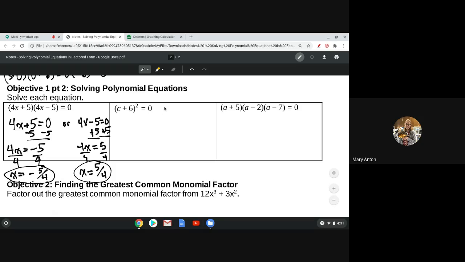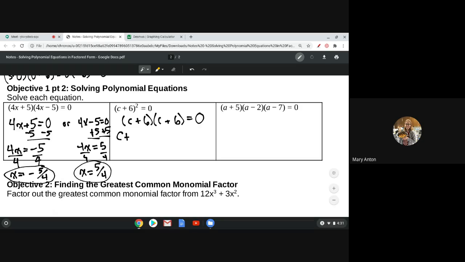How about this next one: c plus 6 squared equals 0. Well, we know that this is really just c plus 6 times c plus 6, because exponents are just repeated multiplication. And now we have two different pieces here, so we can set each of those equal to 0, and that will be a solution.